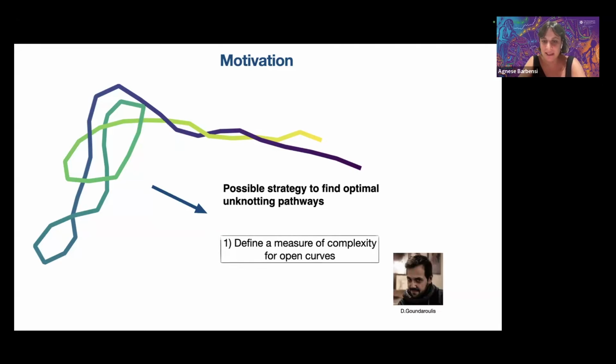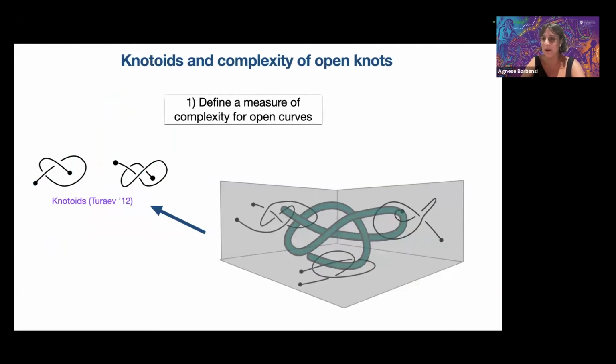At that time, Dimos and I were working a lot with notoids, and we decided to see whether we could use this notoid methodology to find an effective way of measuring how complicated an open-ended knot, a knotted open curve, was.